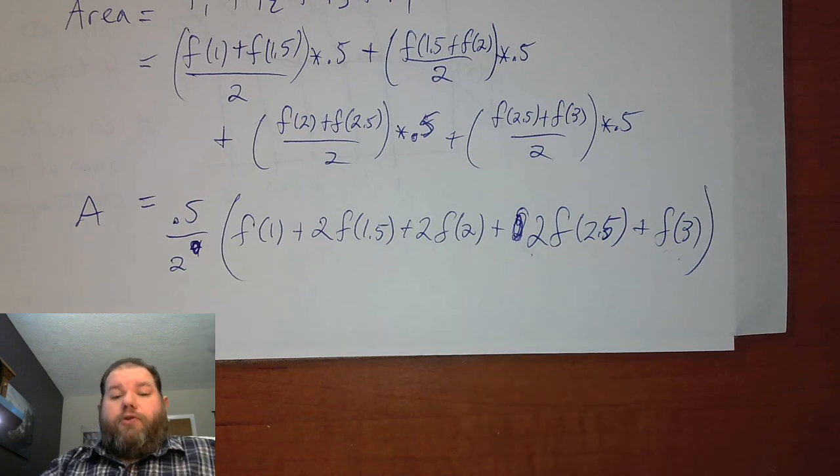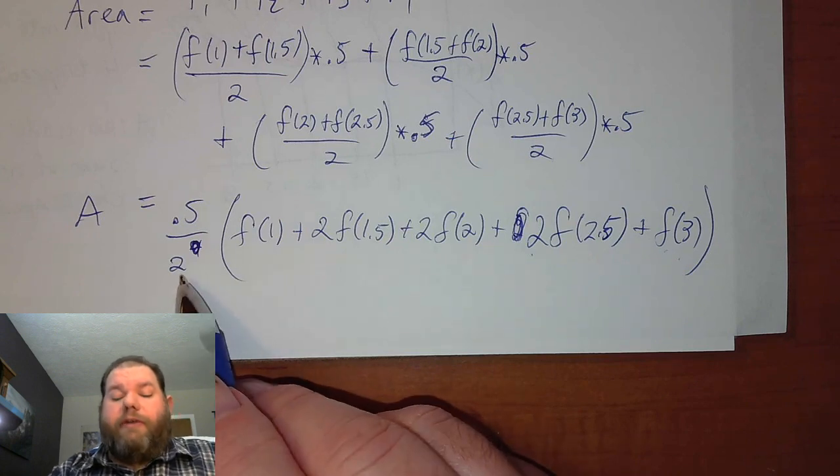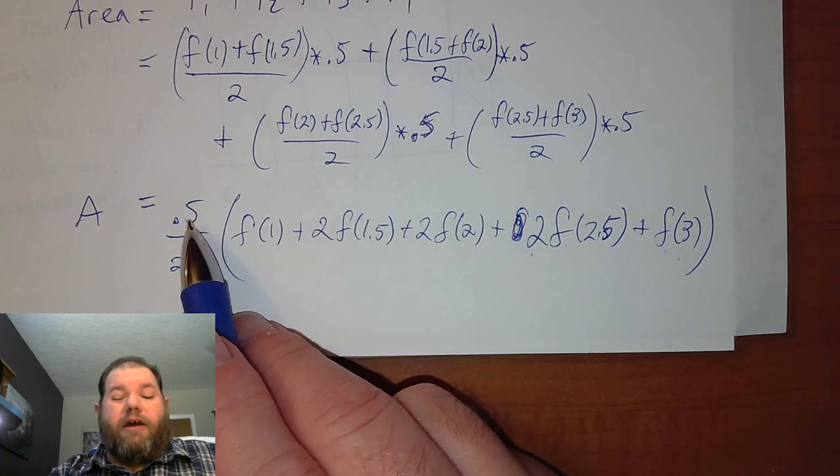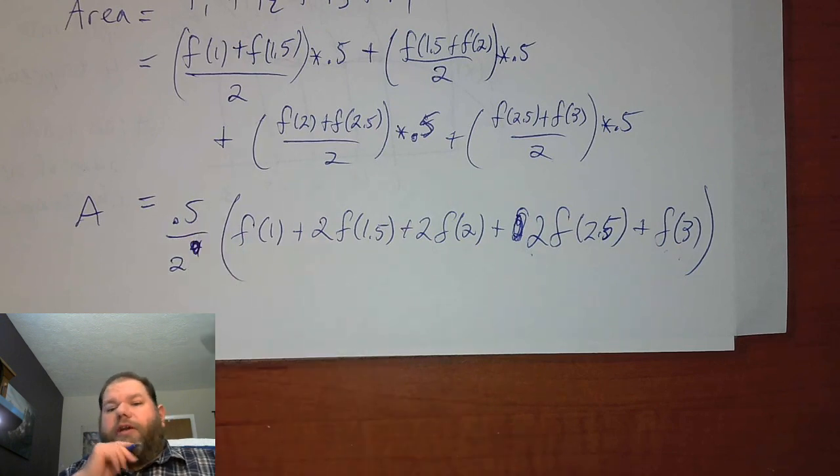So whether we have 4 trapezoids or we have 40, this property should hold true. Now, out here, we always have a 2 in the denominator, and 0.5 is the width of the trapezoids. Now, we actually have a way of calculating that, so let's look at the general case.